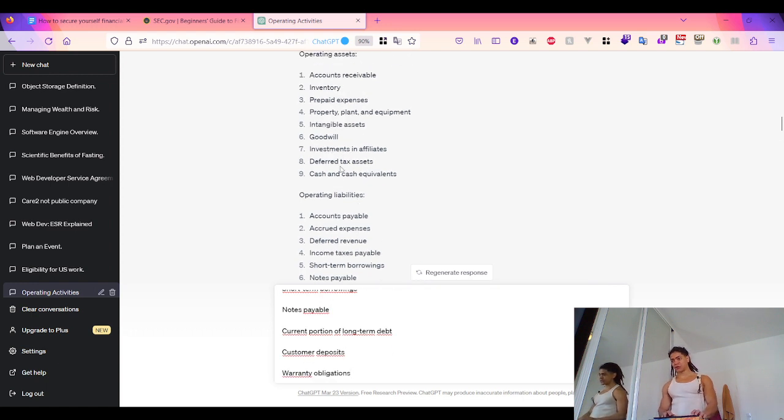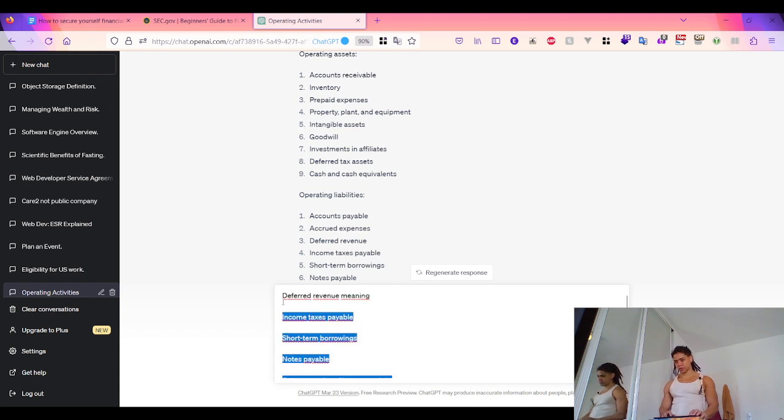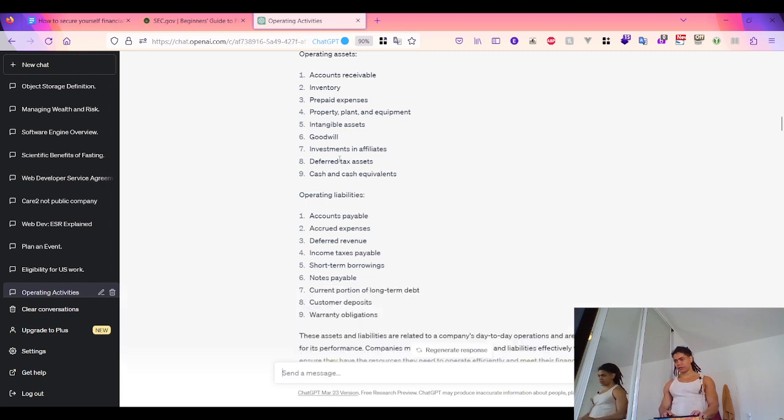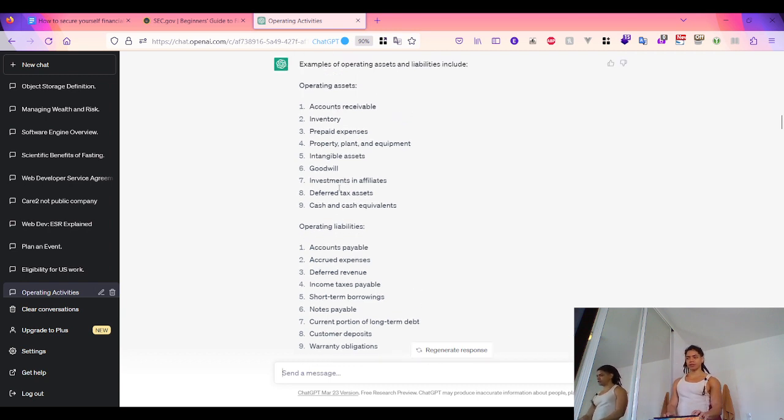So another is deferred tax assets, okay? Deferred tax assets and cash equivalent.